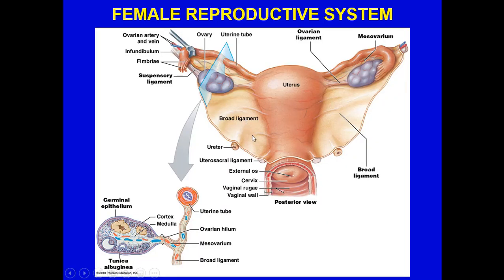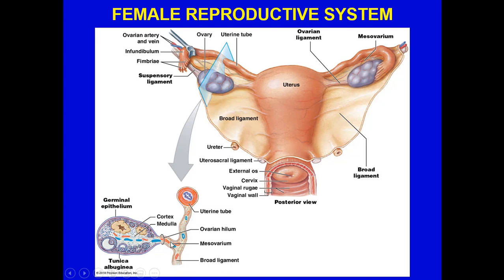And here we can see the ligaments, the broad ligament, the suspensory ligament, as you can see over here. You can see also the ovarian ligament, which is really an attachment between the ovary and the uterus. And you basically will be able to see all of these structures here.